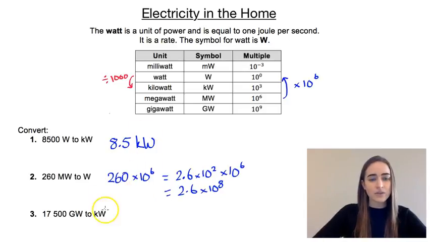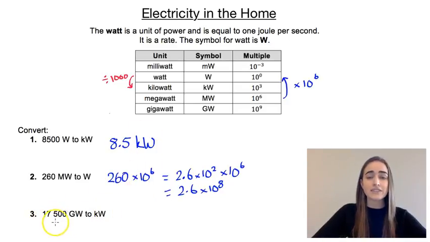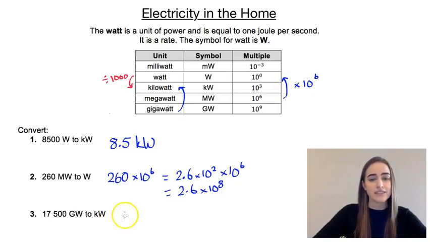All right, our last one then. We've got 17,500 gigawatts to kilowatts. So giga to kilo is 2 steps again. So we're going to do that same calculation. We're going to times by 10 to the power of 6. So we're going to have 17,500 times 10 to the power of 6.